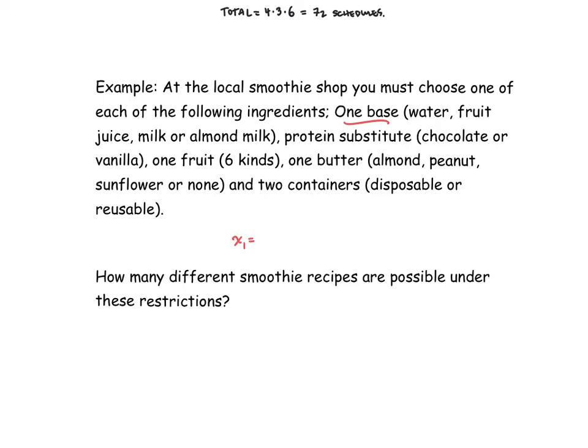X sub 1 looks like it has water, fruit juice, milk, or almond milk. 5 choices. Okay, x sub 2 is some kind of protein substitute, chocolate or vanilla. Okay, x2 has 2 options. 1 fruit, of which you have 6 choices or options.